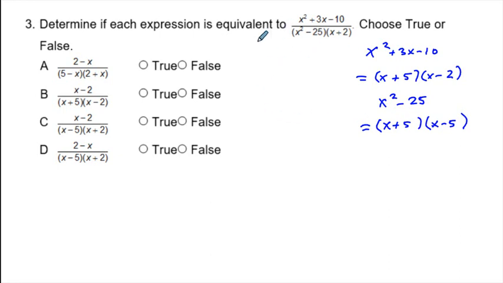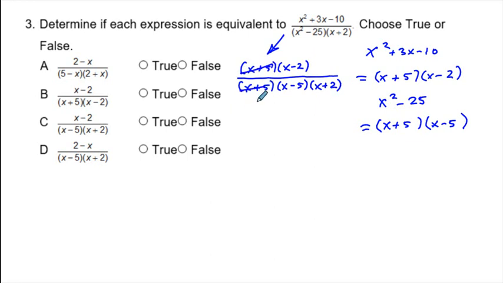And now rewriting this expression here, you can rewrite that as x plus 5 times quantity x minus 2, and rewrite our denominator as x plus 5, x minus 5, x plus 2, and x plus 5 over x plus 5 cancel each other.